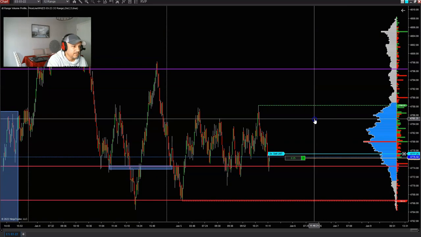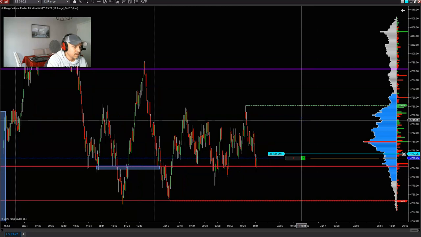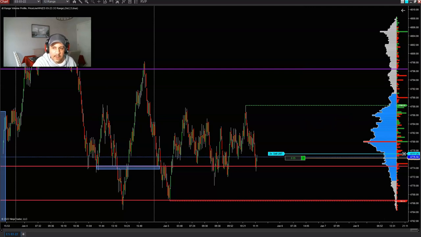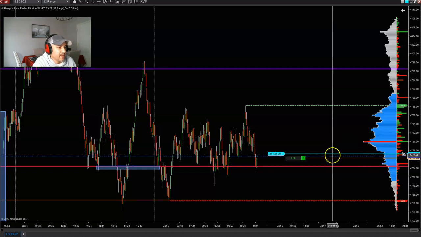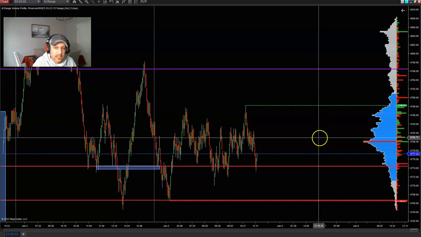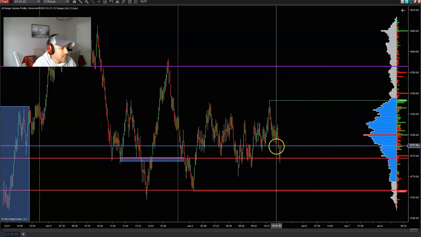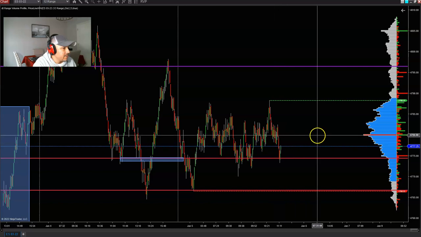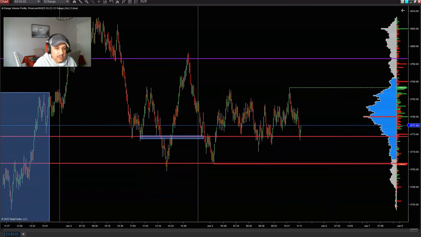Come on. One tick away from hitting that area. There we go. Got filled. All right, I knew price was going to come to this area right here and test that area there. All right. So I'm just scalping, guys.